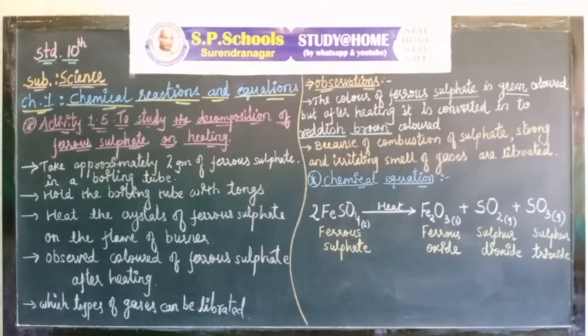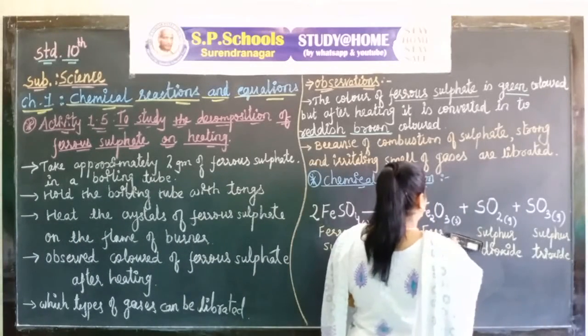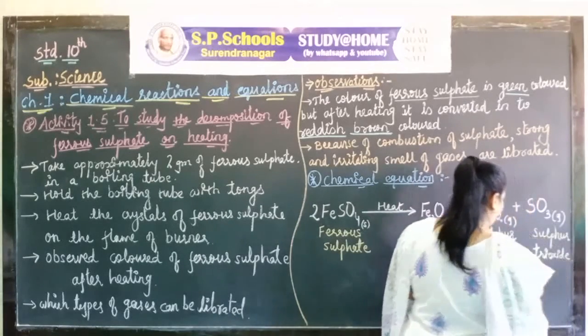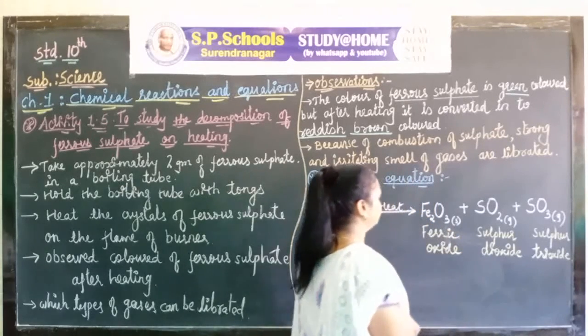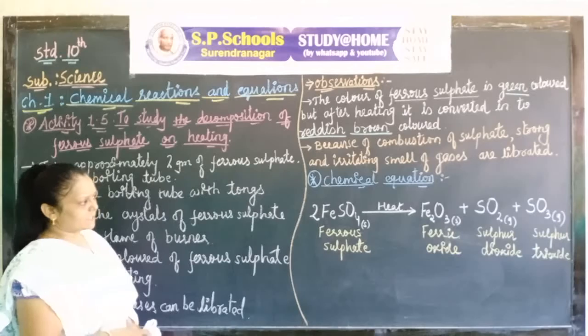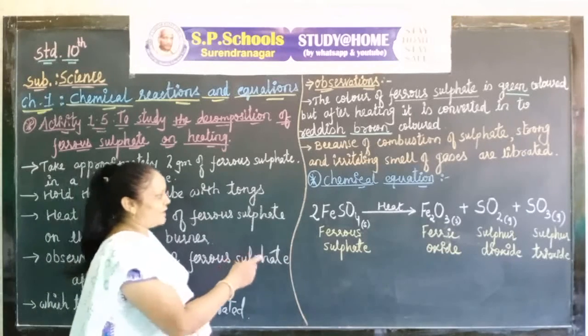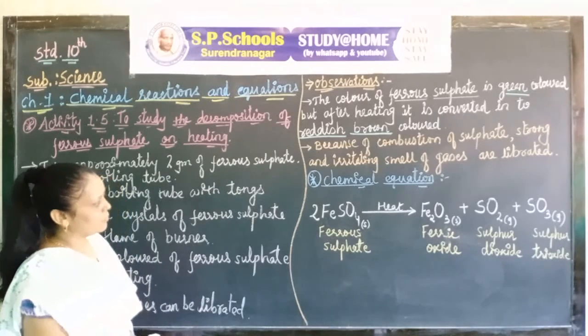The products are different. So the balanced equation will be complete: 2FeSO4 on heating gives Fe2O3 plus SO2 plus SO3.